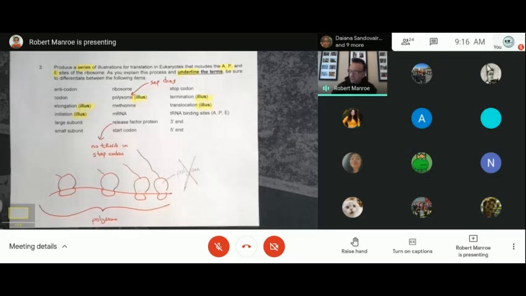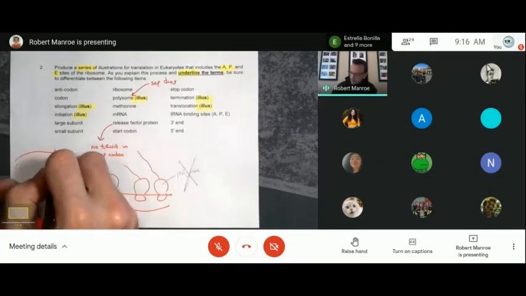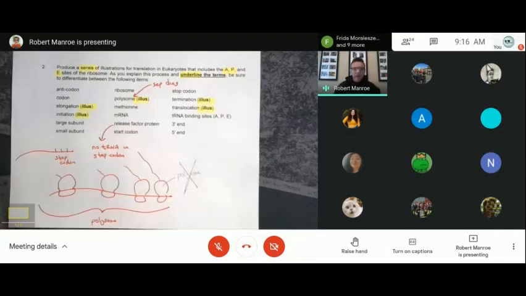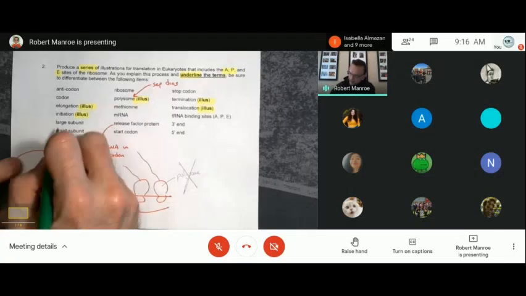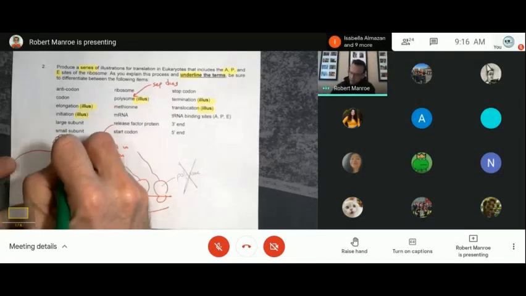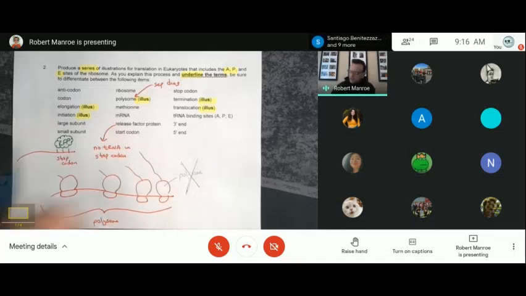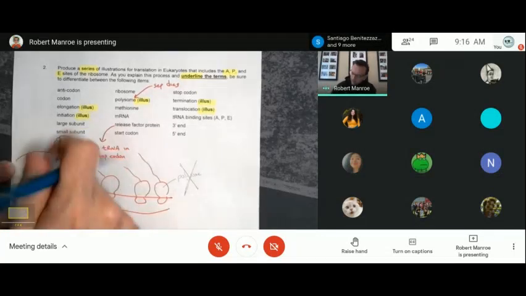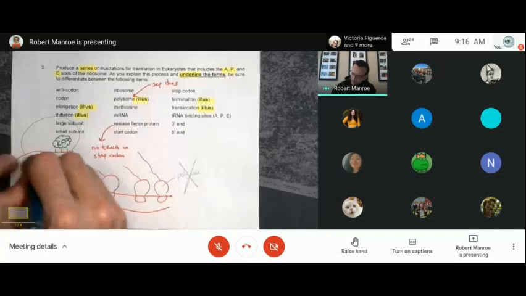Okay, so when you show me that stop codon, and you have the stop codon like such, then, speaking of green pen, the release factor protein comes into it like such. Here's your ribosome, like such.